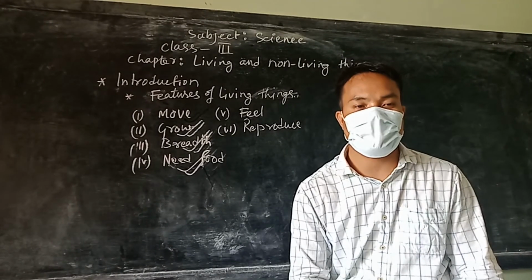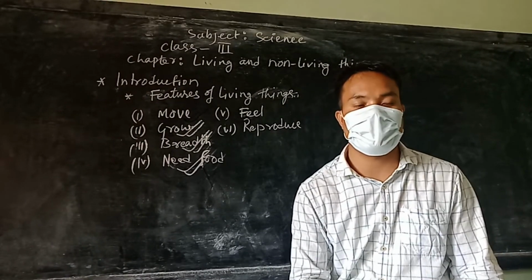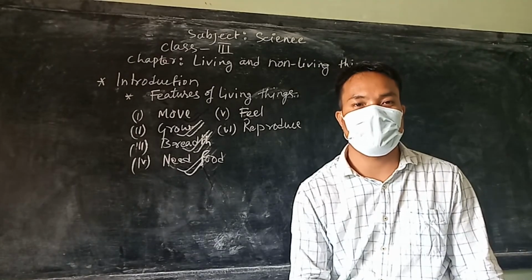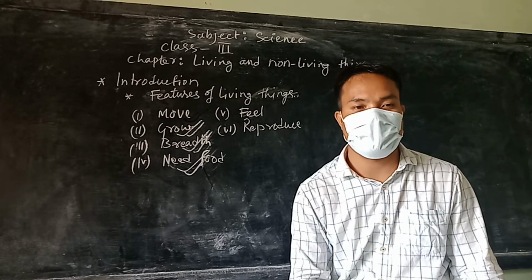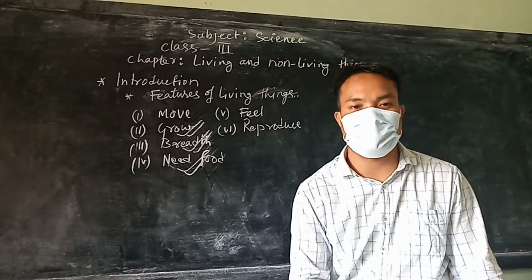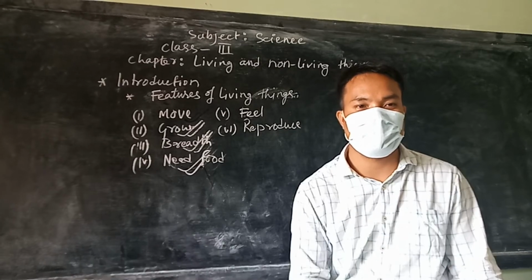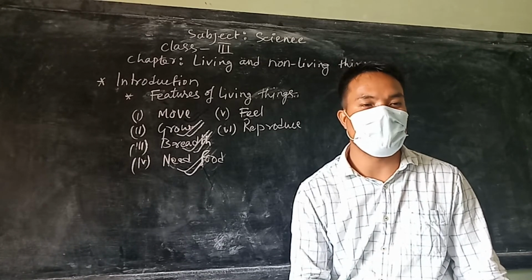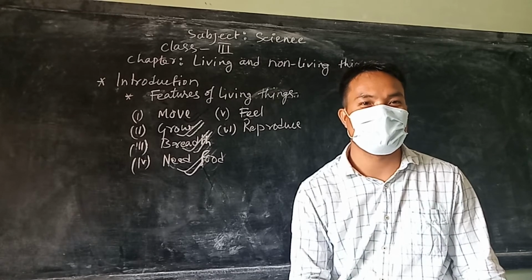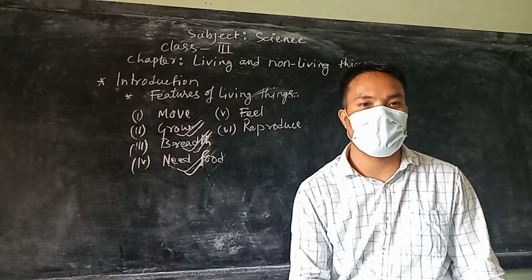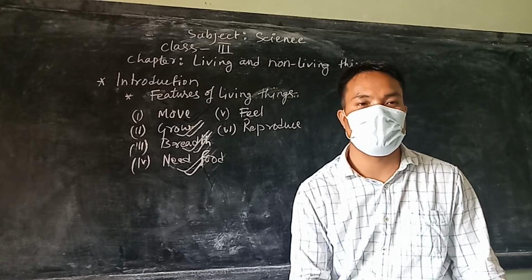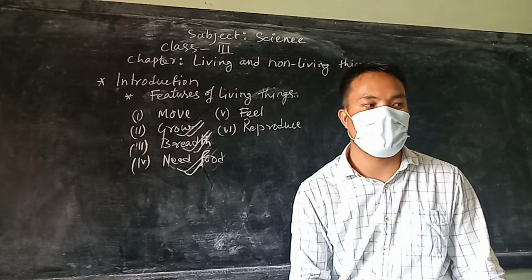Some animals eat both plants and animals, for example humans. Now plants also need food, but plants do not need to go in search of food. They make their own food in the presence of air, water and sunlight. Non-living things do not need food to eat, okay?